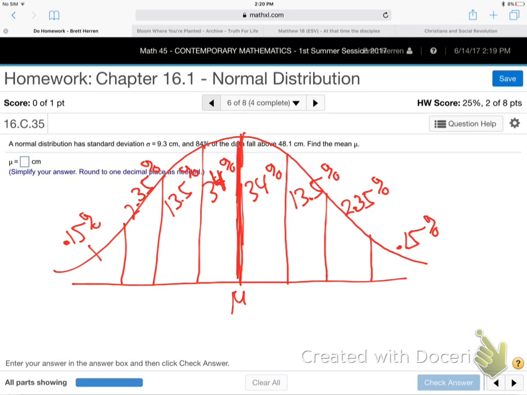Okay, and the numbers on the bottom, this is going to be mu plus 1 sigma. This is going to be mu plus 2 sigmas. And this is mu plus 3 sigmas.